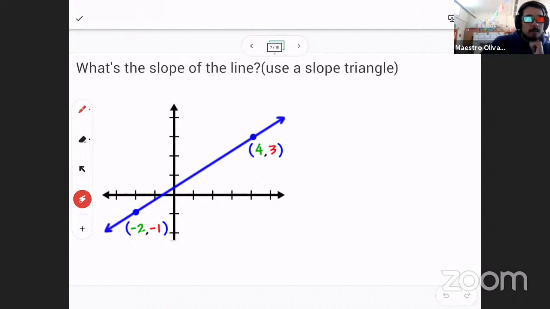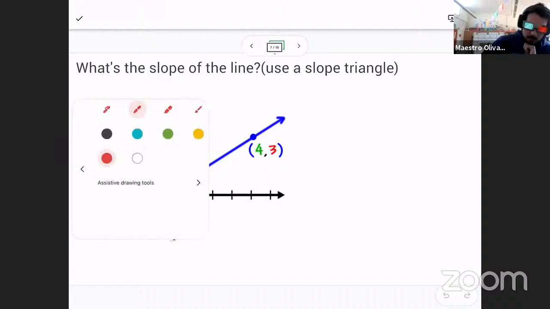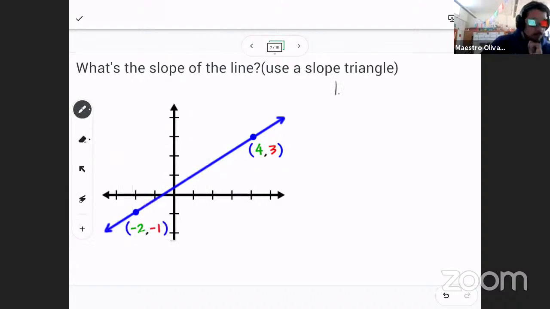What's the slope of the line? Do we have our 2 points already? We do. So we don't even have to do the first step. The second one is, do we copy that in our notebooks? Betsy, yes. Actually, let me give you 90 seconds to copy this graph.